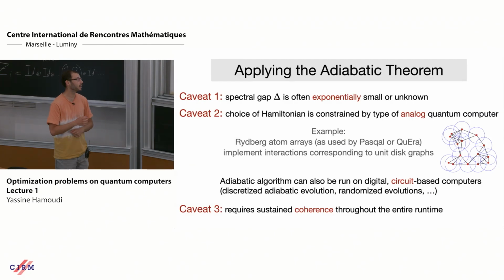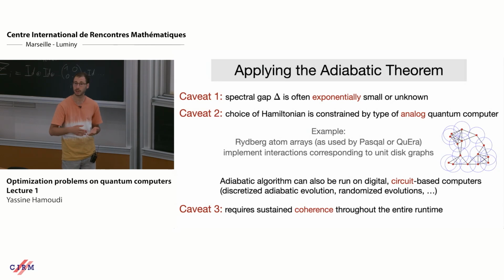And the last limitation of the adiabatic algorithm is that, again, it is not very efficient if you want to use a near-term quantum computer. As we have seen, you have to evolve a quantum state for a certain amount of time, so you have to preserve coherence all along the evolution.